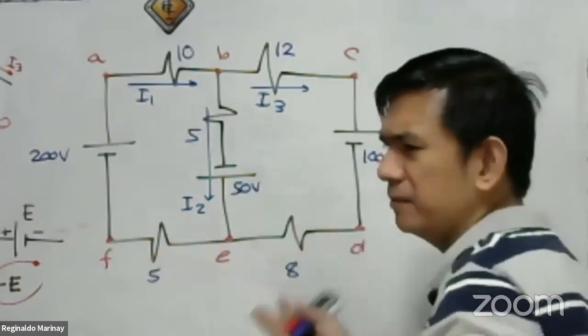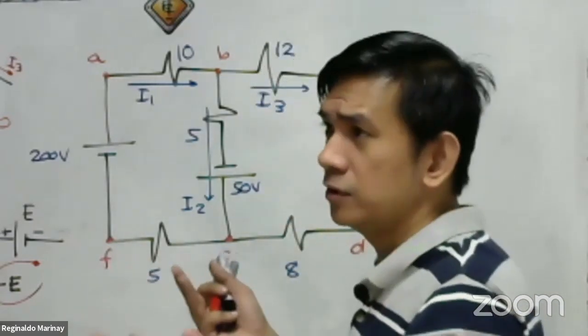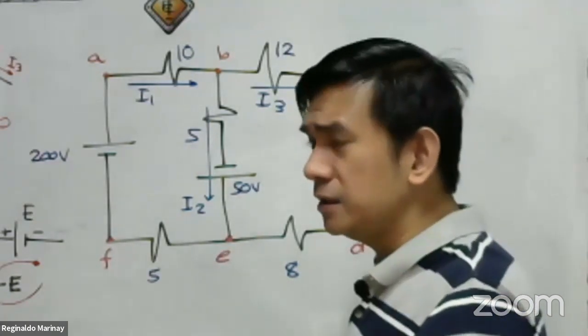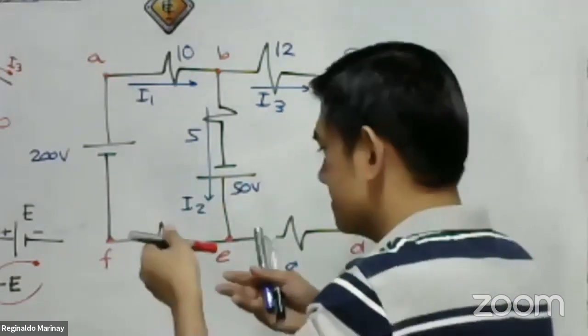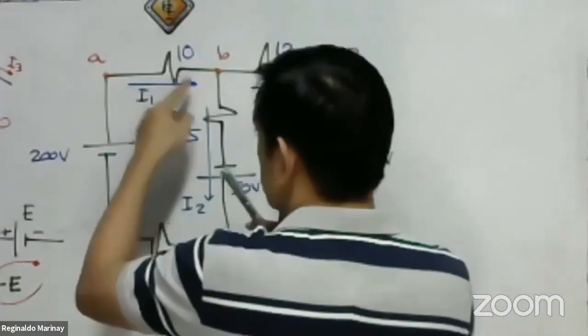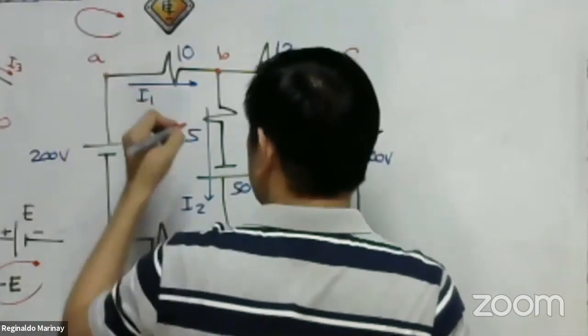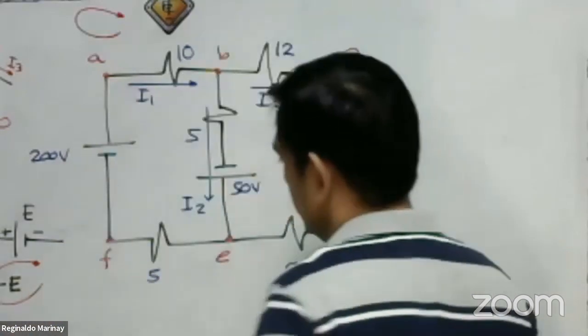Okay? There will be no problem in assuming the direction of the current. Whatever direction you want it. But what I usually do, if you are to trace the direction of the current, is I usually do it in a clockwise direction. Okay?